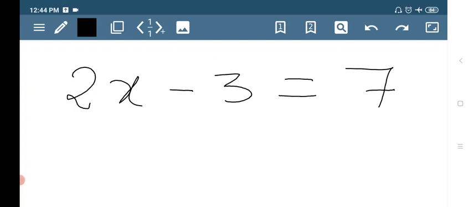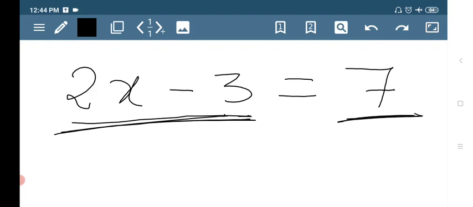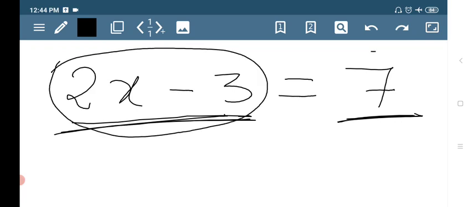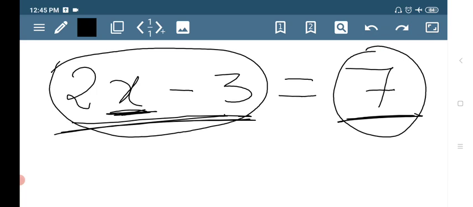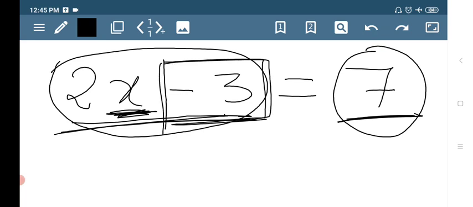Dear students, here the value of 2x minus 3 is equals to 7. Understand? I need only the value of x. To get the value of x, first I have this extra minus 3. I want to remove this minus 3. What I can do? Subtract.